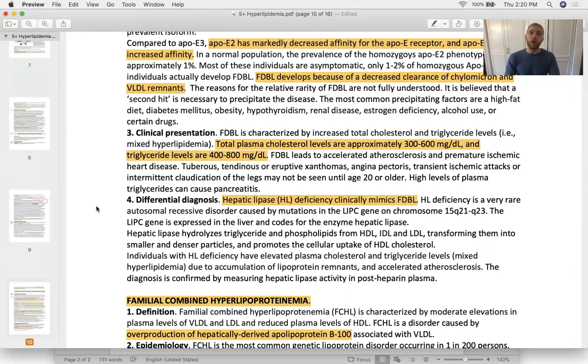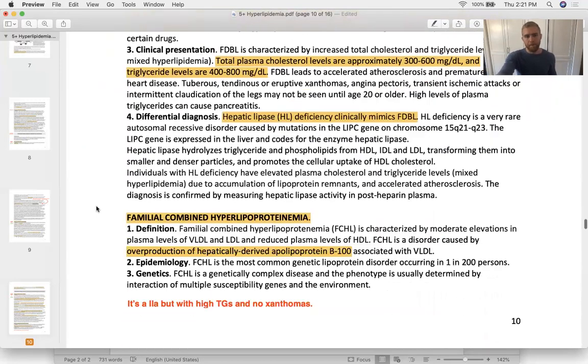And so to remove a fat from its storage unit, you have to deesterify it. And a lipase is the sort of enzyme that you need in order to cut and separate a free fatty acid off of an ester bond. So if you have an inability to cut fats off of their storage form, it's going to be very similar to an inability to get those fats into the cell to start with. That's why the lipase deficiency presents similarly to familial dysbetalipoproteinemia.